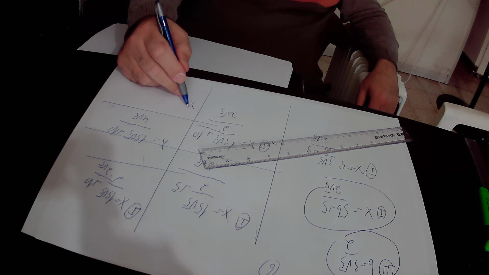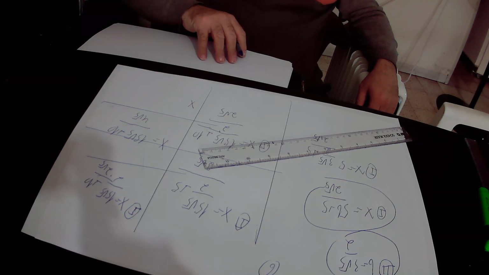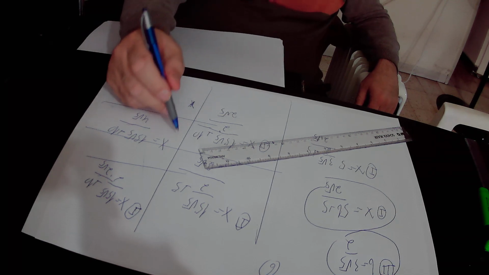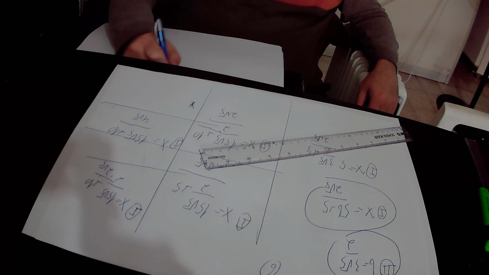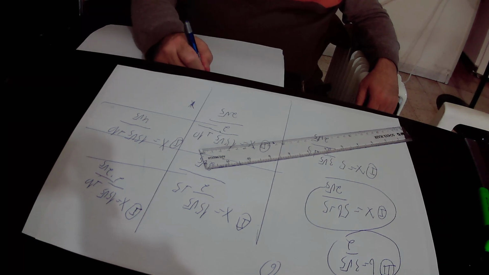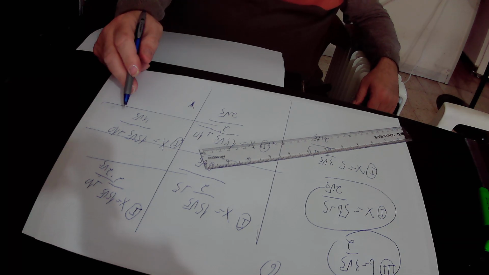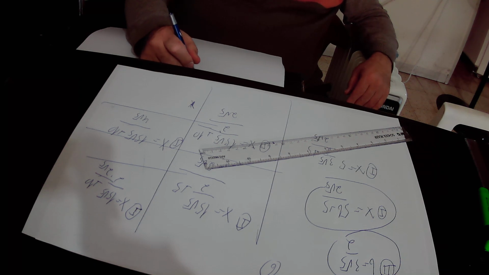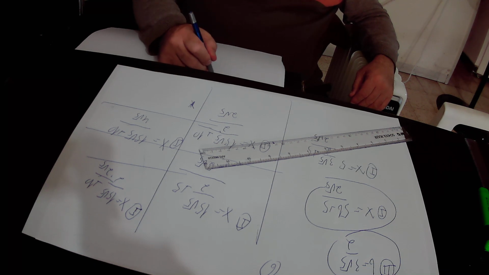And we get that according to equation number 1, x equals 15 times root of 5 plus 10, and 10 is square root of 5 times root of 5 times 2, all divided by 4 times root of 5.